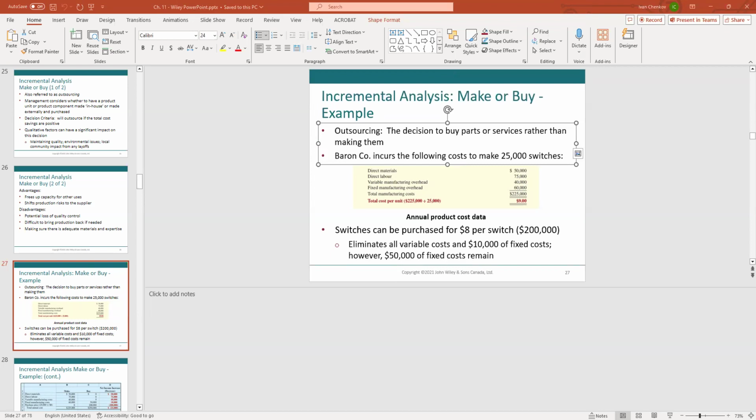Just give me a second to make some changes here. I have to do some manual typing here. We have to decide what shall we do. Should I make it, or should I purchase it from outside?